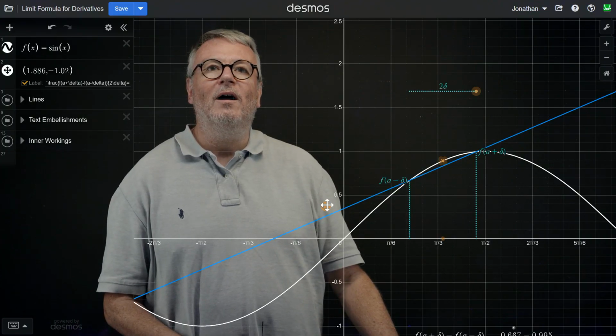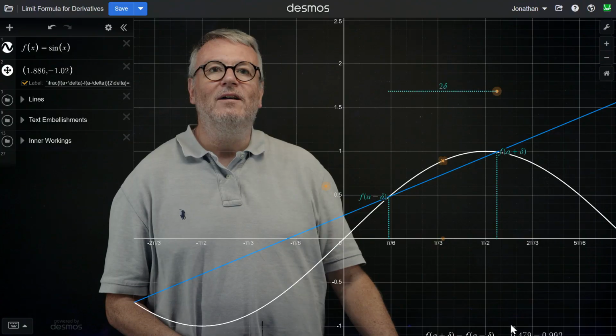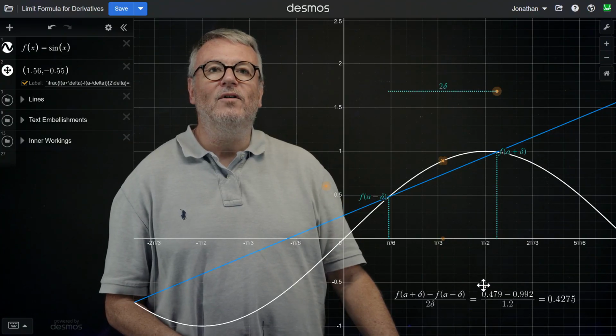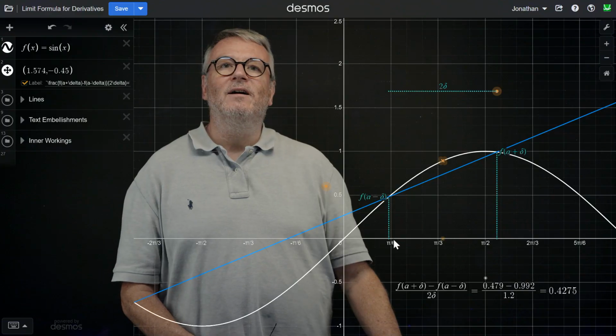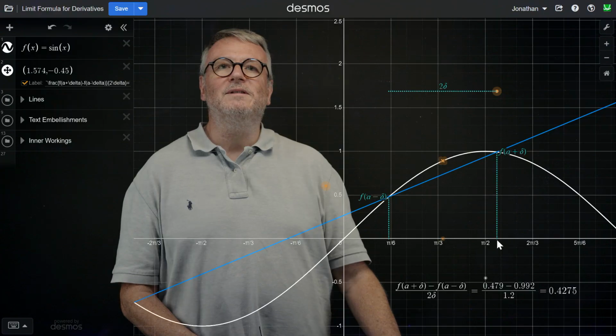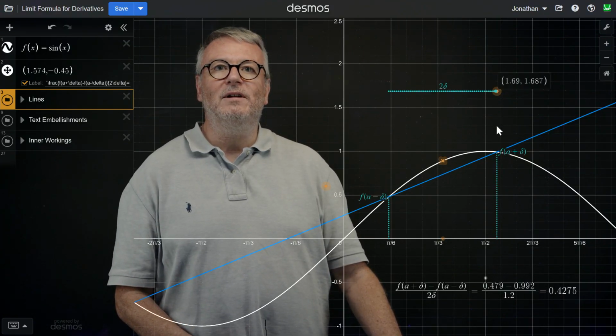Well, the problem is, let me bring back my calculation. If I take this step, my run, I move back a step and I move forward a step, I can calculate my run is still 2D. There it is.